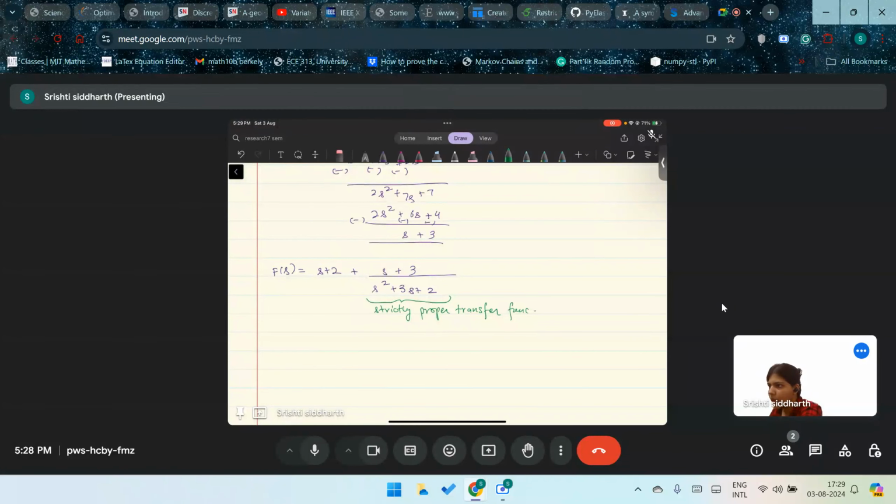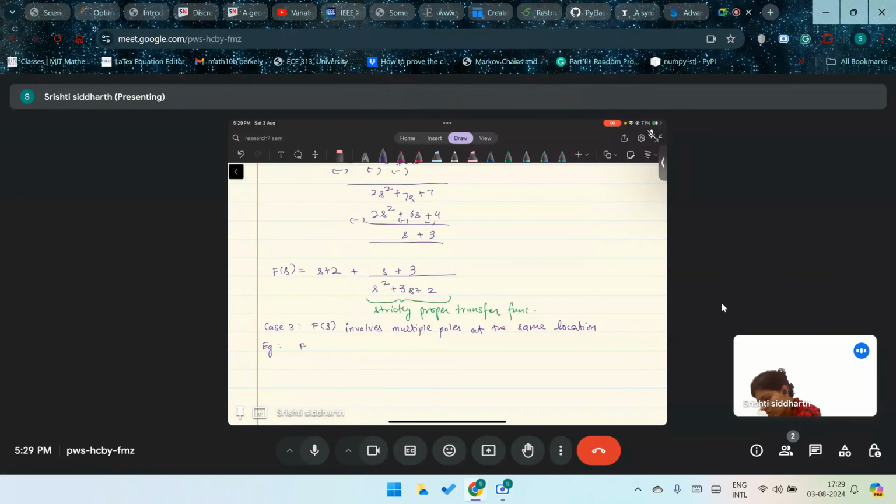So now let's look at case 3, where F(s) has distinct poles. Okay, so that was case 1. It involves multiple poles at the same location. Alright, so let's take an example.